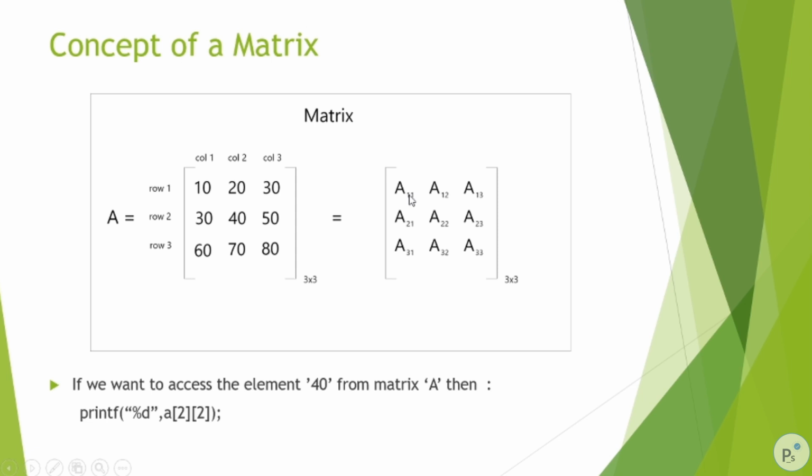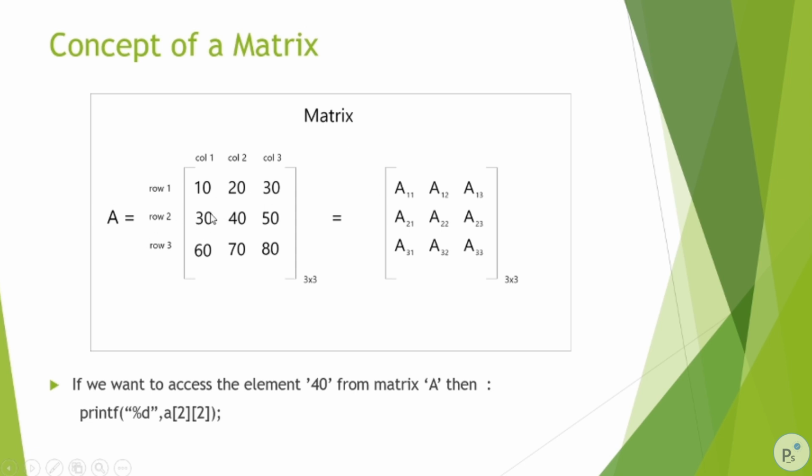In the same way, a12 means the first row and second column. In the first row the columns are changing: first column, second column, and third column.